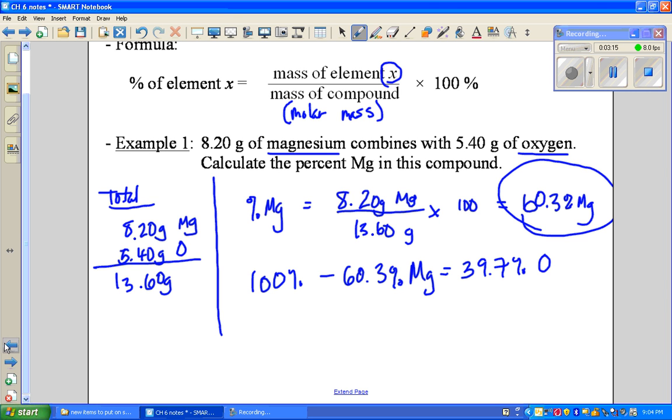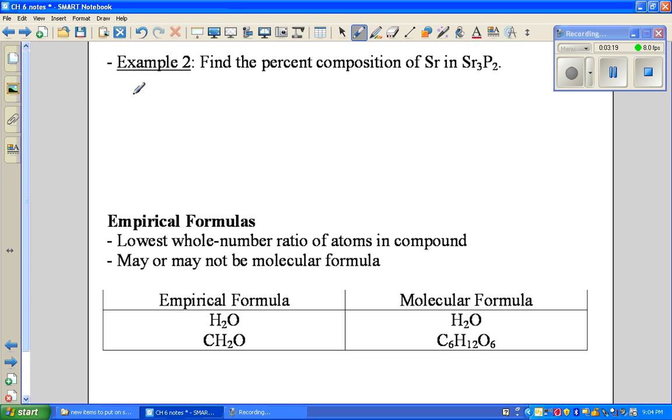Okay, so let's try one that doesn't give us any values. So here's my example 2. It says find the percent composition of strontium, Sr is strontium, in strontium phosphide. So we have a metal to a nonmetal. The first thing I'm going to do is find my total mass, so I'm going to find molar mass. I have 3 strontium, that is 3 times its molar mass, which is 87.6.